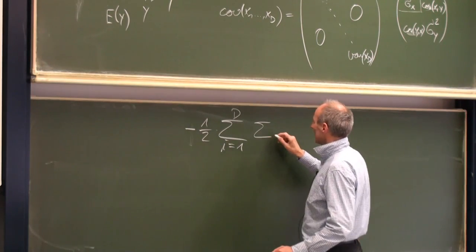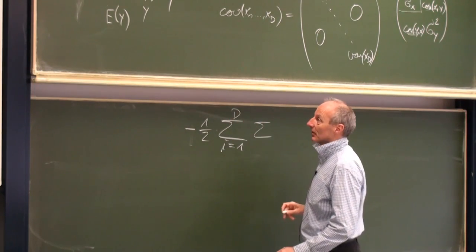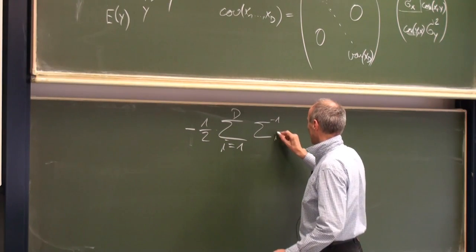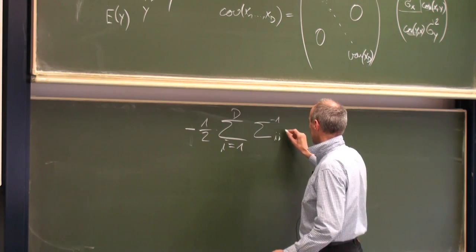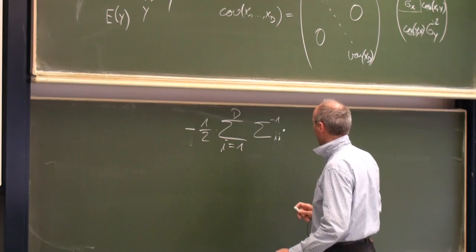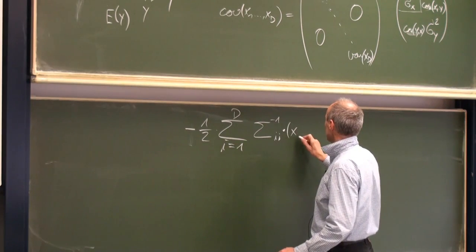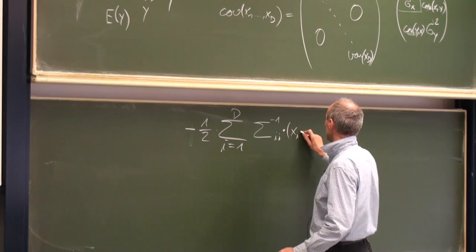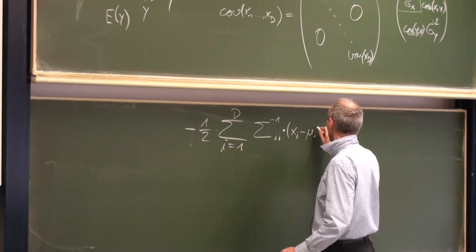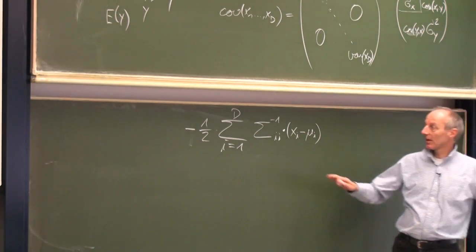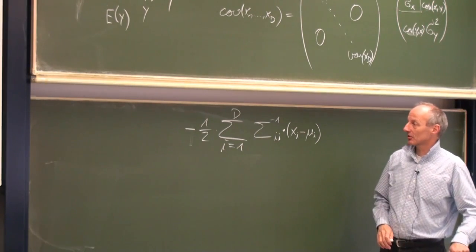So this is not a sum, it's the covariance matrix sigma inverse ii times x_i minus mu_i. Okay? That's how the exponent then looks like.